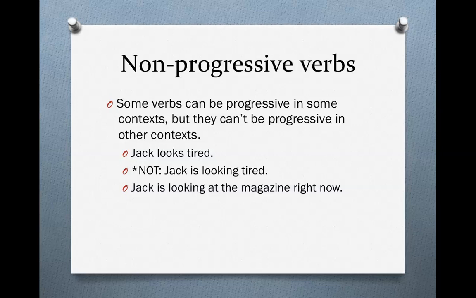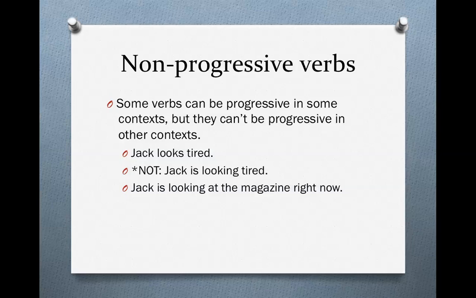Some more examples. There are some verbs that can take the ing form sometimes, but other times they cannot take the ing form. This is where you're going to have a little confusion, so you need to just practice and memorize the best you can. An example, Jack looks tired.